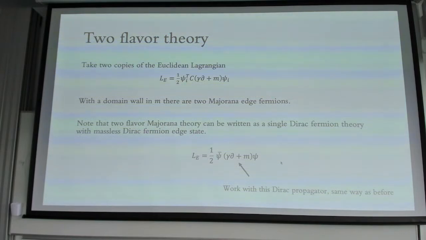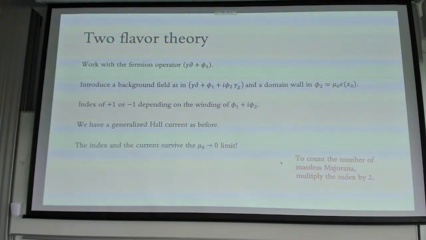I can combine these two Majorana fermions into a single Dirac fermion theory. In this case, I will not have to double the number of degrees of freedom that I have, because I'm just going to extract a Dirac fermion from the two Majorana fermions. So this is my Lagrangian now. Psi is a Dirac fermion. All right. So again, this is a two-flavor theory.